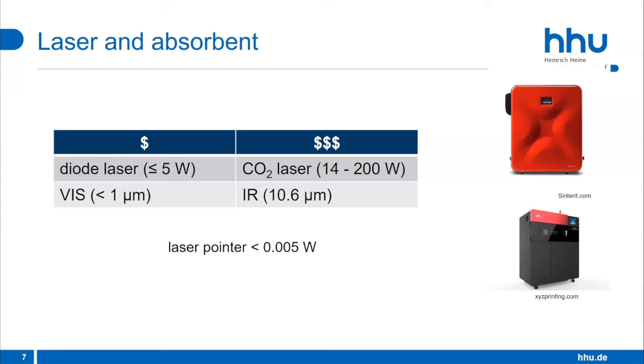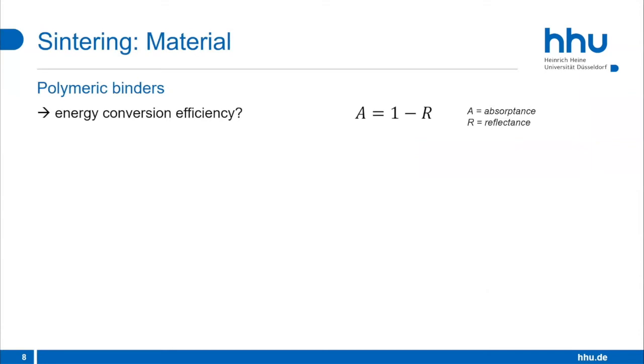And why am I talking about the different lasers, the wavelength and the energy? Well, because somehow we need to sinter our material, so we need to melt it. And for that, we need to convert this laser energy into heat that can be used to melt the material.